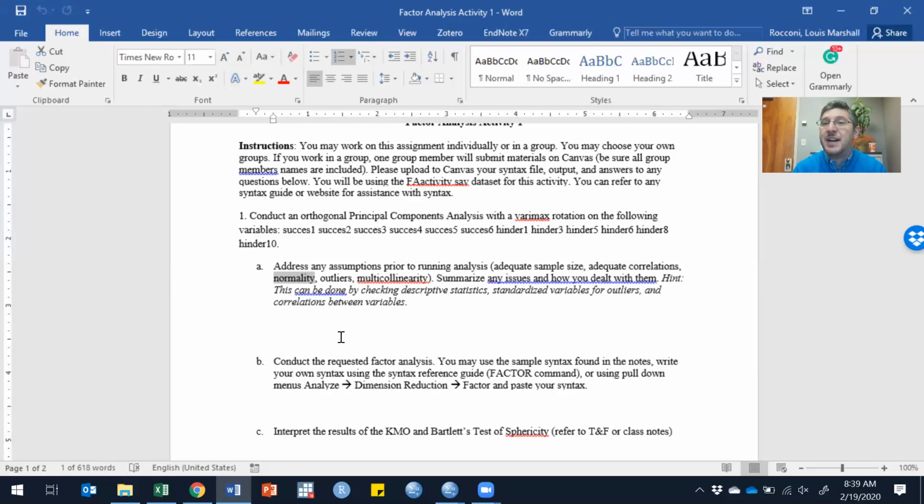One thing to keep in mind is, by default, the program will factor analyze the Pearson correlation matrix. And for Pearson's correlations, we're assuming that the variables are measured on a continuous or an interval ratio scale. So that's also something to keep in mind.